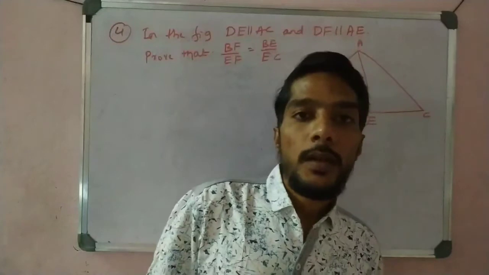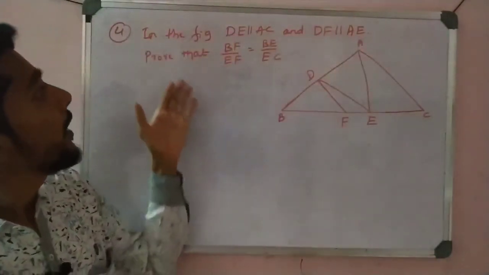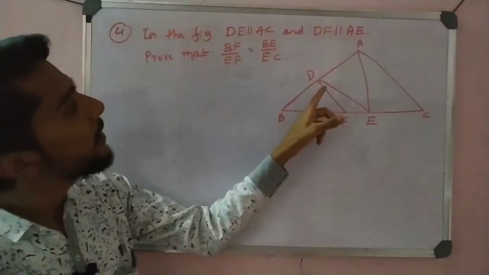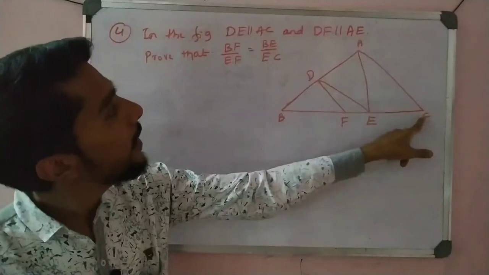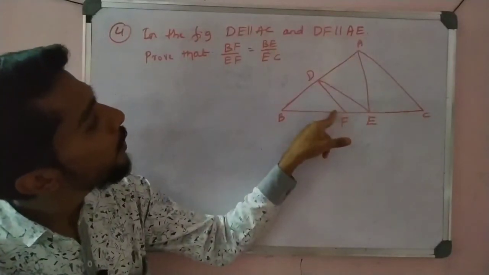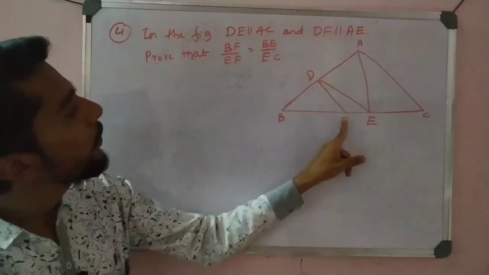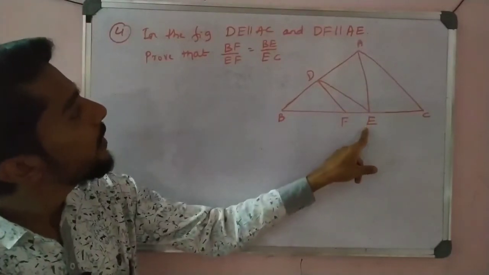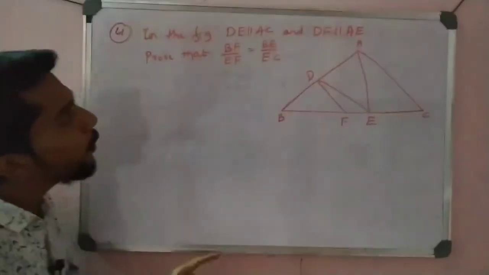Okay students, this is the last problem of this video, exercise question 4. In the figure, DE is parallel to AC and DF is parallel to AE. Then prove that BF divided by EF is equal to BE divided by EC. Simple, two parallels are given.